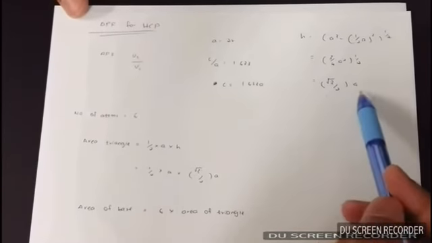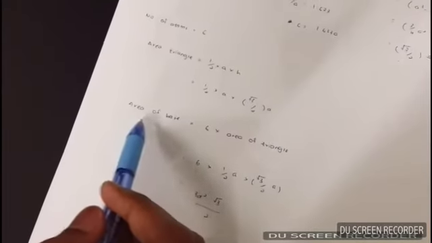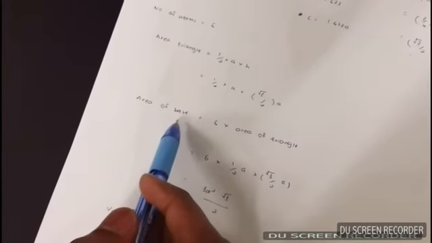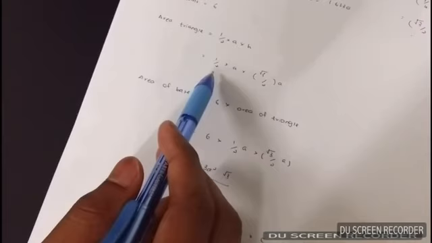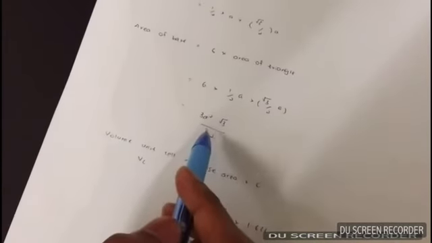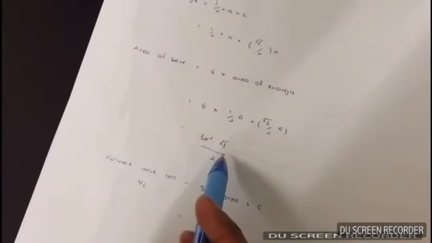So we will get square root 3 over 2 times A. After that, we find the area of the base, which has 6 triangles. So we multiply the triangle area by 6, and we will get 3A squared times square root 3 over 2.